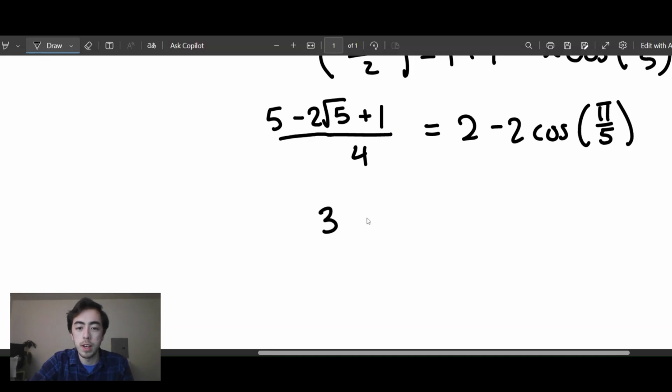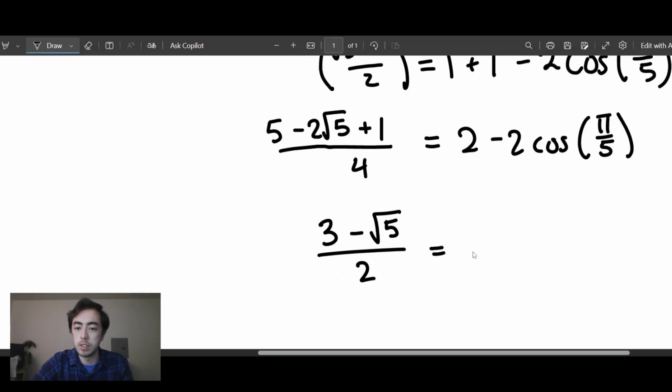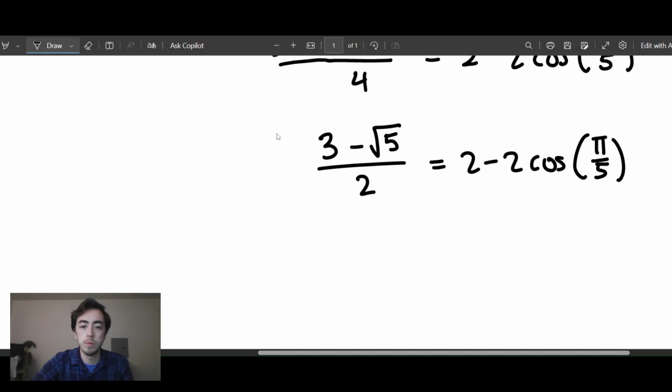That can simplify. I could take out a 2 from all of those. So here I am reducing the top by a factor of 2 and the bottom by a factor of 2, thus not changing my fraction. And let's see, I'll just rewrite the right side the same way. To isolate this cosine of pi over 5, how about I will subtract the 2 and then divide by negative 2.